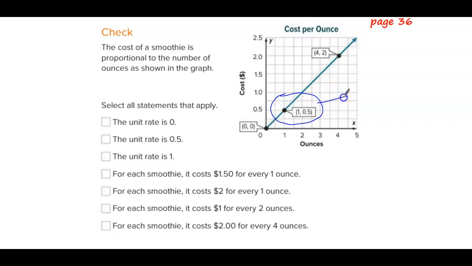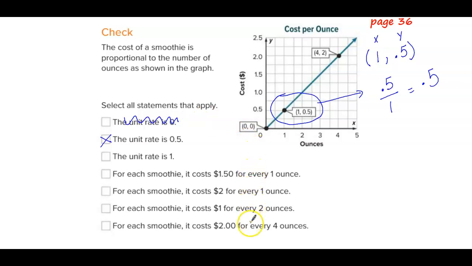So if I take this guy here, this is the point (1, 0.5). Well, this is your x and this is your y. To get a unit rate, you put y over x. And notice here we have 0.5. So the unit rate is 0.5. A proportion can never have a unit rate of 0.